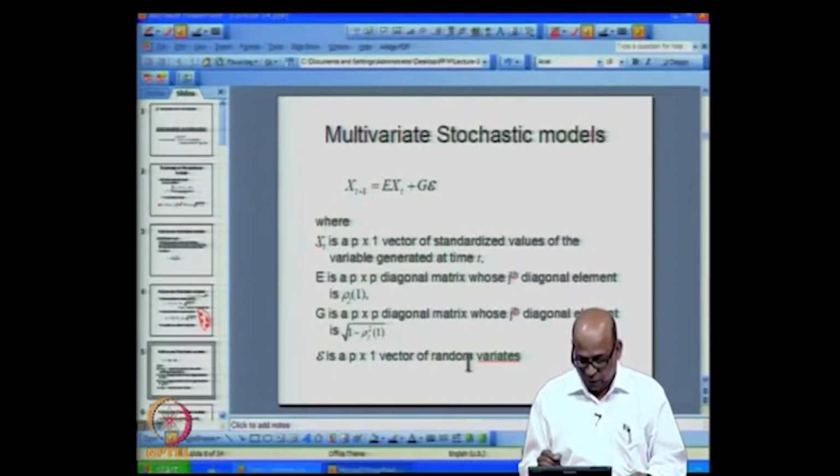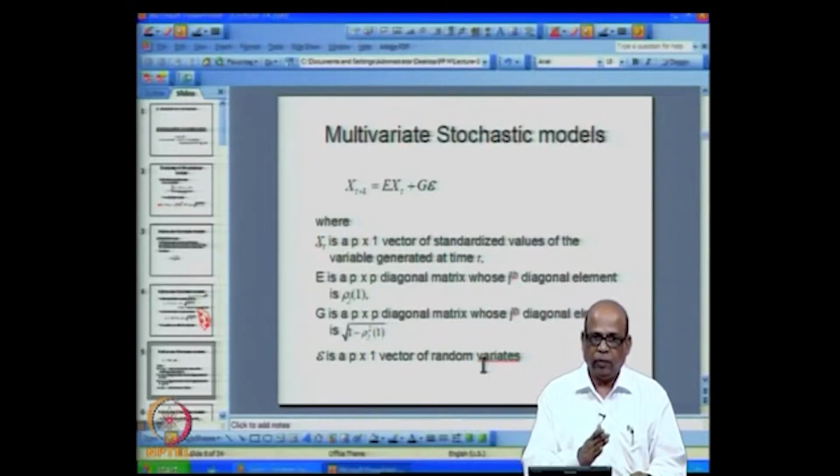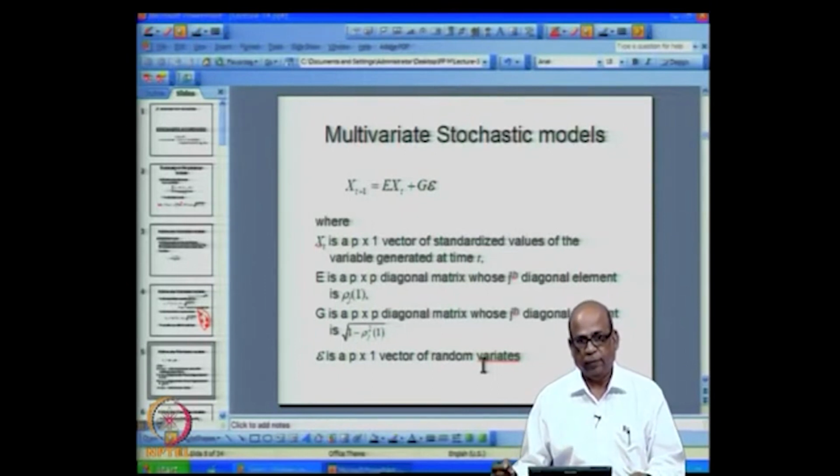How do we define this epsilon, so that we are also looking at the cross correlations between different locations? Epsilon we need to define such that the dependence of data at a particular location on the data at some other location is captured by this model. That is what we will do now.